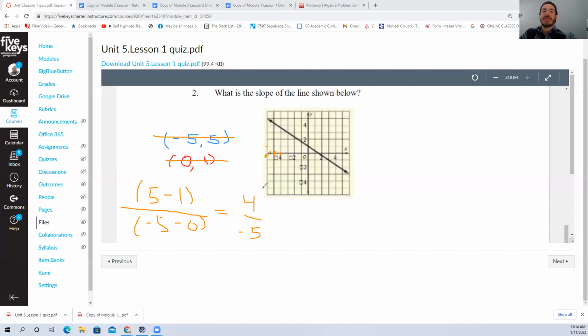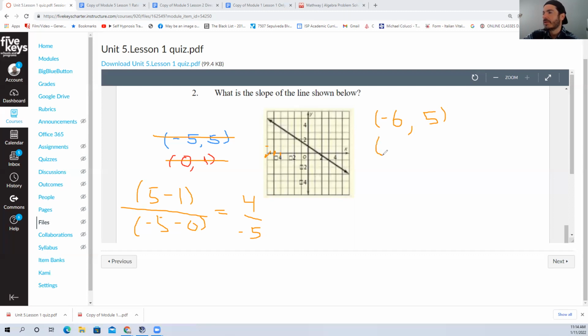This is how math works. We check ourselves. This is a great, completely unintentional, but a good learning opportunity for everyone. So this point really should be -6 and 5. And this point, I think I got right.